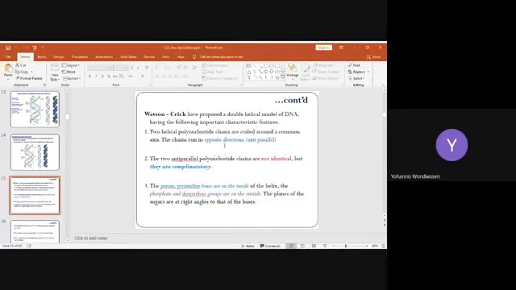So the two helical polynucleotide chains are coiled on the axis, and the chains run in opposite directions, antiparallel, as we said earlier. The two antiparallel polynucleotide chains are not identical but they are complementary.